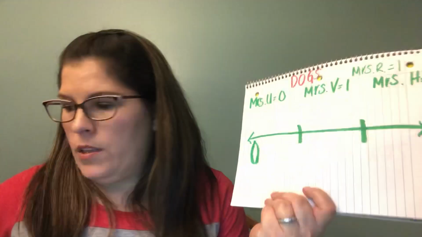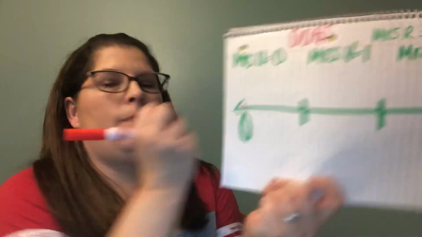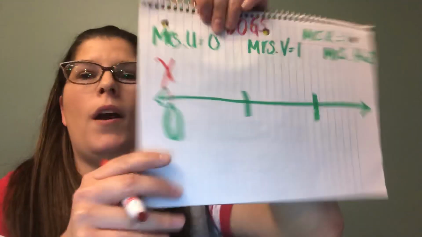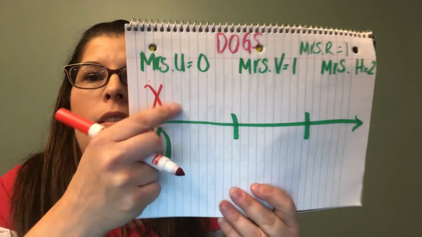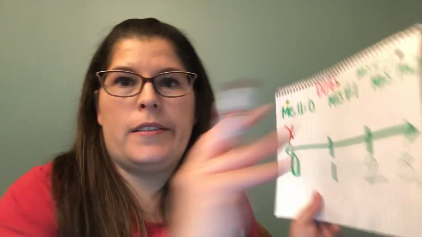So above where this would be, we're going to put that right there. That line, I'm going to mark 1 x for 0 dogs. Miss Yersetti has 0 dogs. Sorry, I got excited.